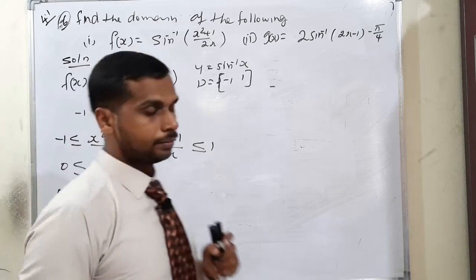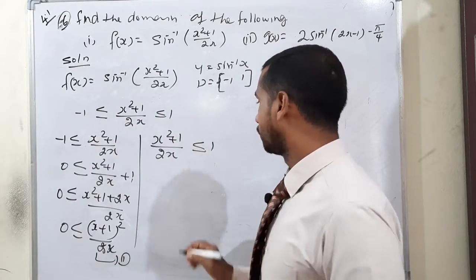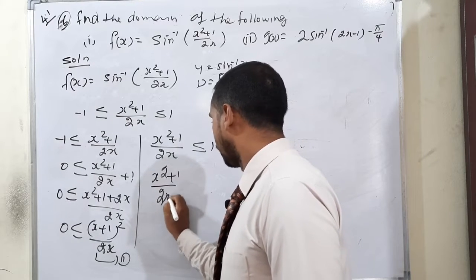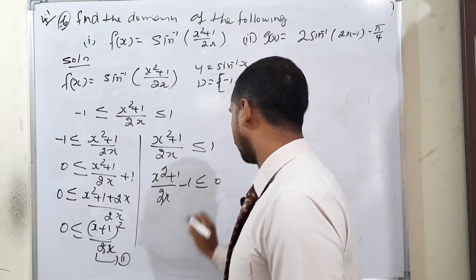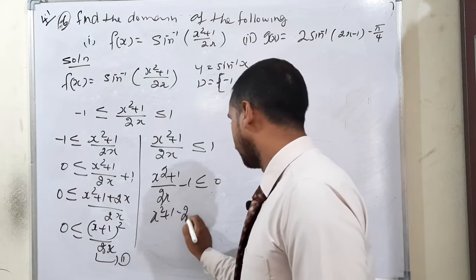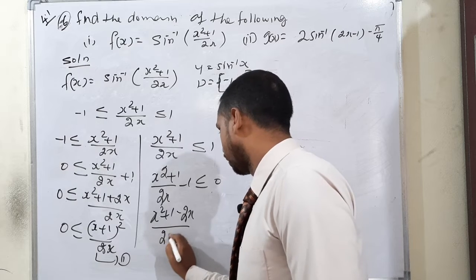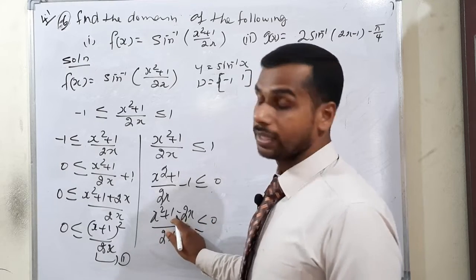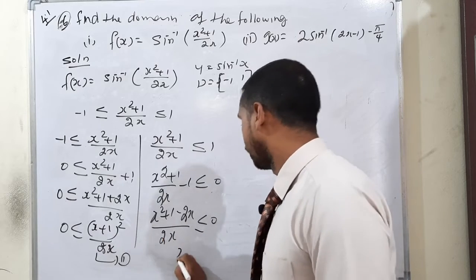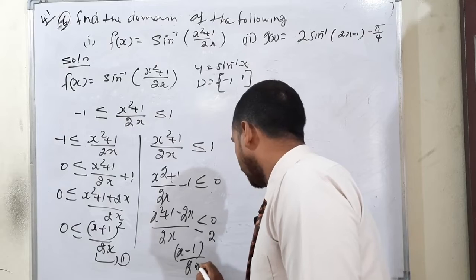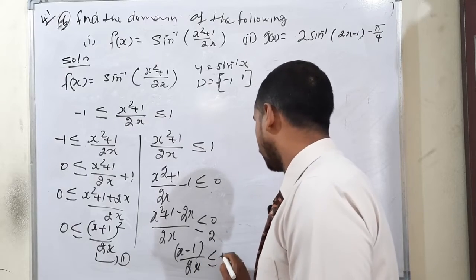Then the second condition, plus 1 brought to the opposite side means minus 1. So x square plus 1 divided by 2x minus 1 is less than or equal to 0. Again, x square plus 1 minus 2x divided by 2x is less than or equal to 0. This is actually a minus b the whole square form. Therefore, we can write x minus 1 the whole square divided by 2x less than or equal to 0.